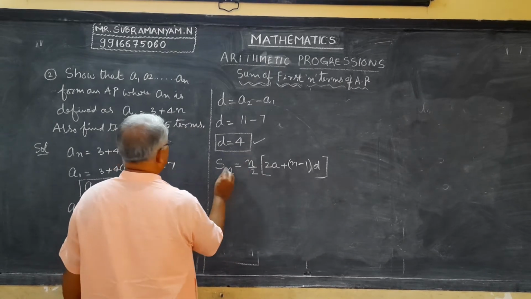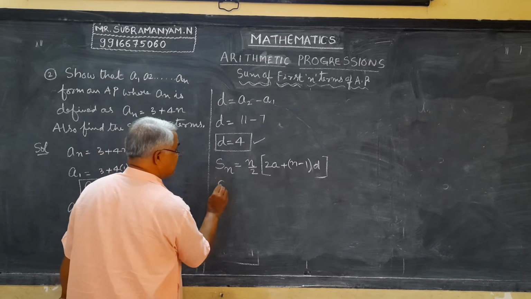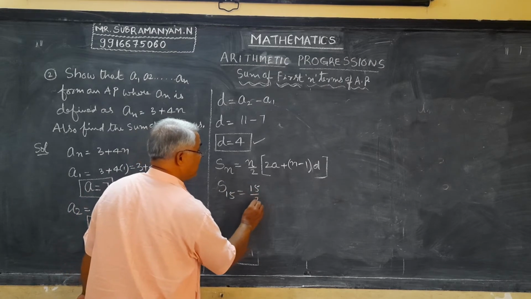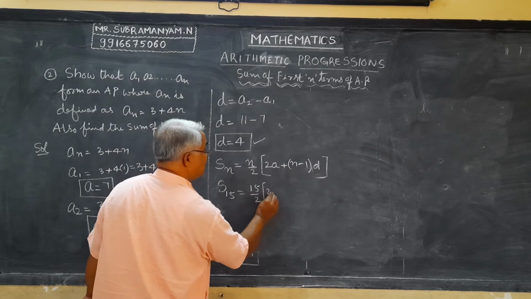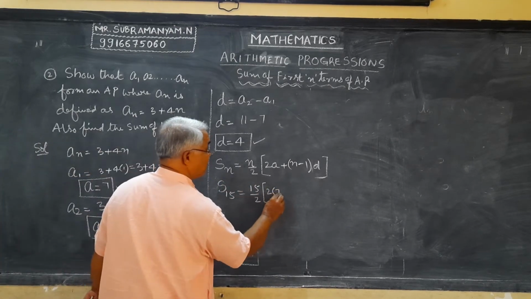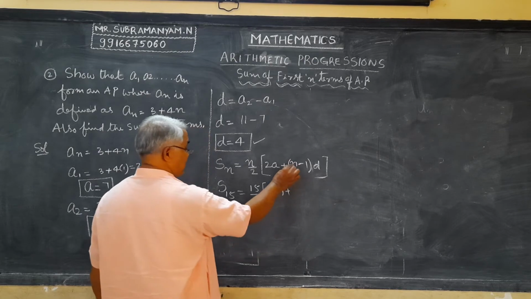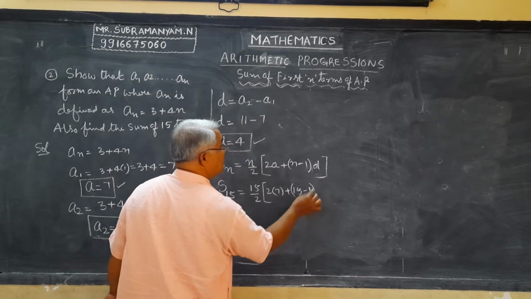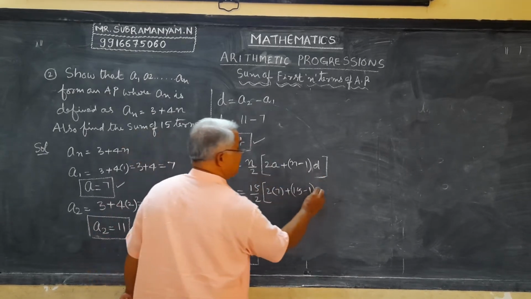Now, we want sum of 15 terms. S15 equal to 15 by 2 into 2 into A value is 7 plus n value is 15 minus 1 multiplied by d value is 4.